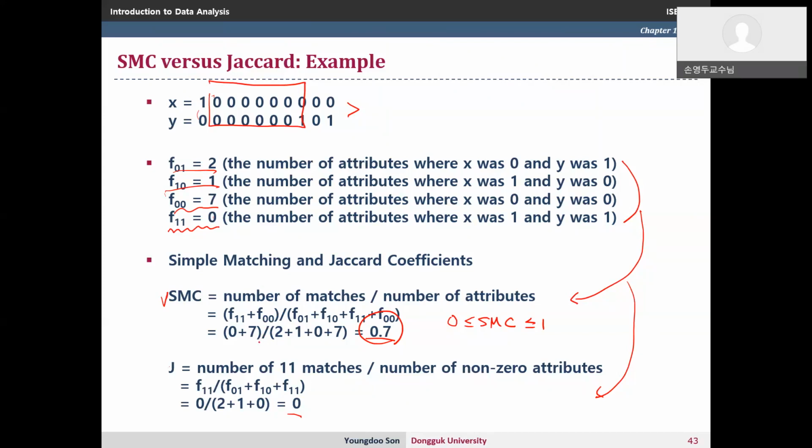Okay. So like this example, if the binary vectors contain a lot of zeros and only a few ones, then the simple matching coefficient and Jaccard coefficient can have very different values.